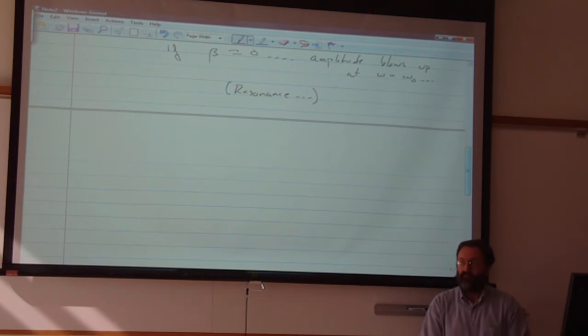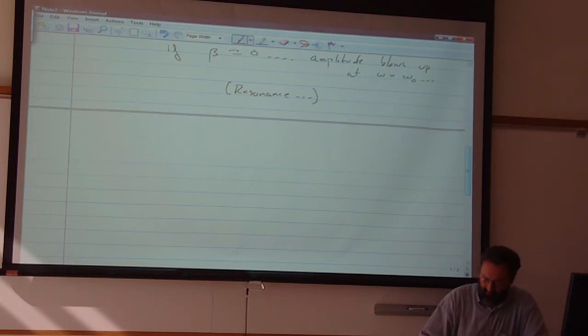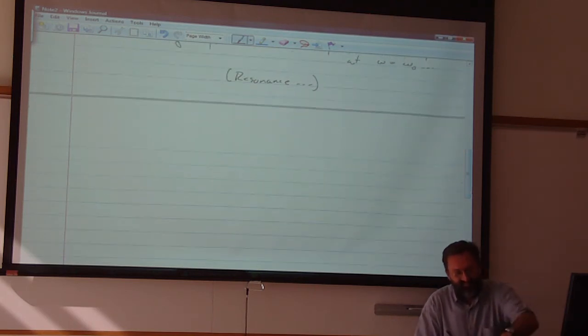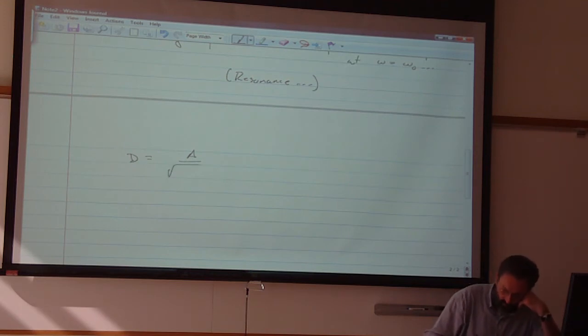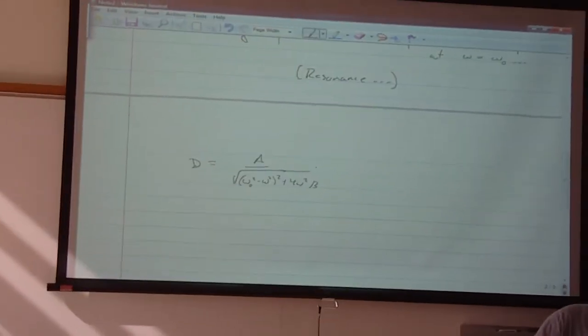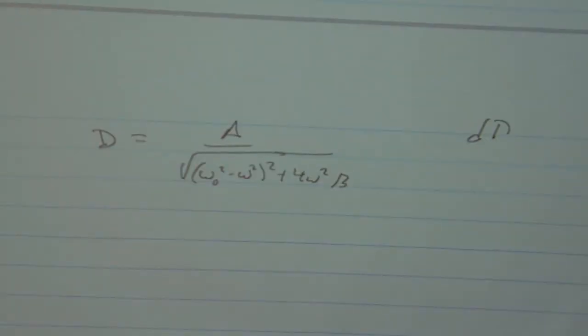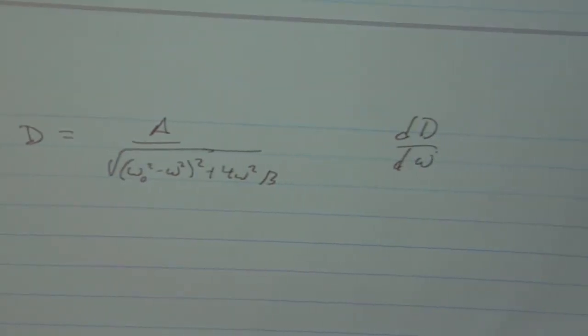Stuff like that is what happened between this equation. And then a miracle occurs. Alright, so if we define the amplitude D to be A over the square root of (omega 0 squared minus omega squared) squared plus 4 omega squared beta squared. And we want to know where D is a maximum. So we take d/d omega and set it equal to 0.